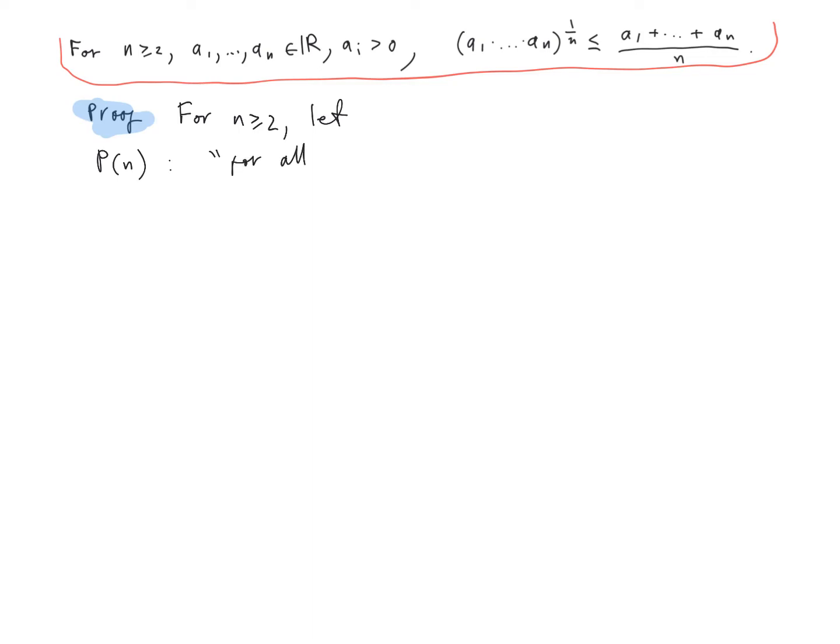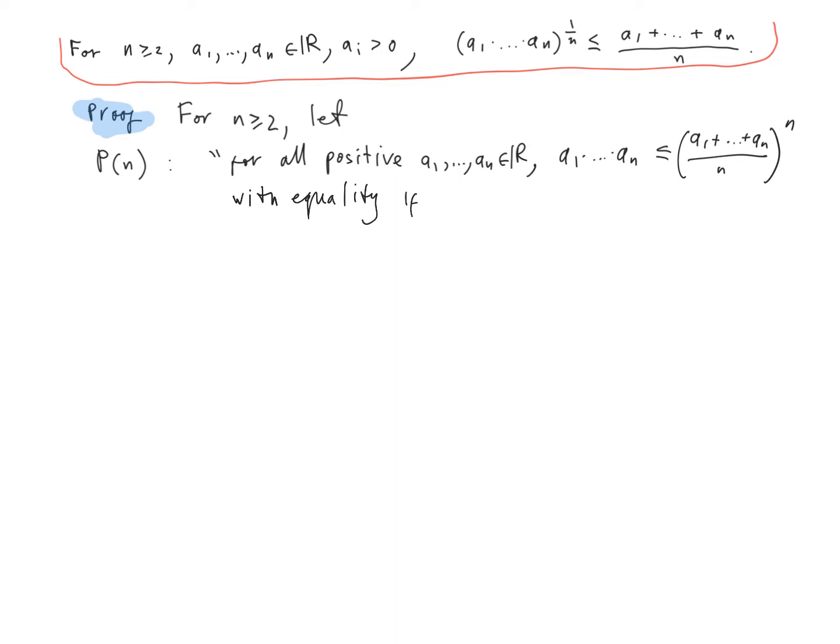For all positive real numbers a1 through an, we have that a1 times a2 etc. times an is less or equal than a1 plus a2 etc. plus an divided by n to the power n, with equality if and only if all of these numbers a1 through an are equal.